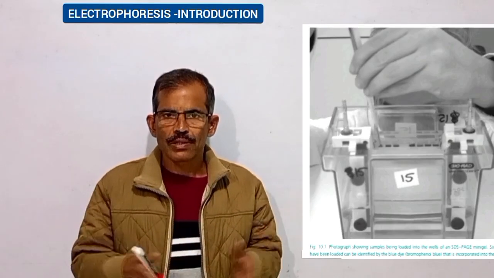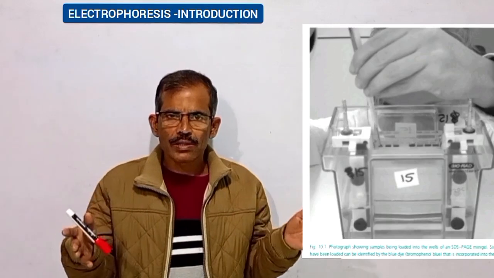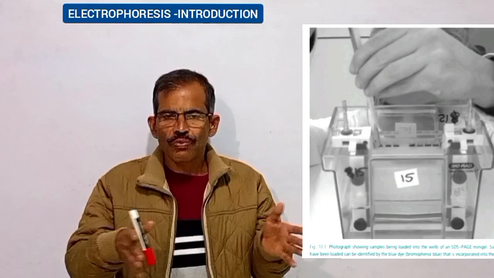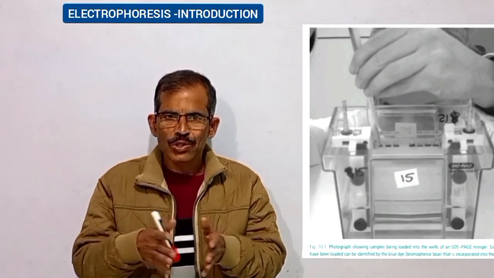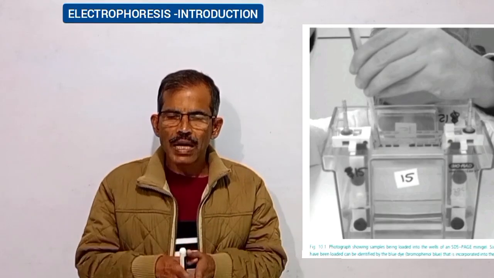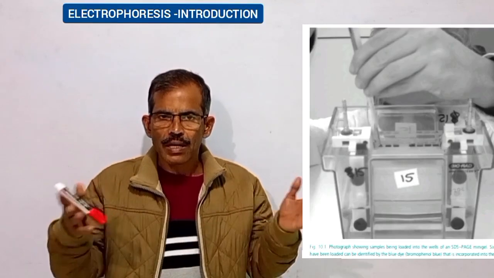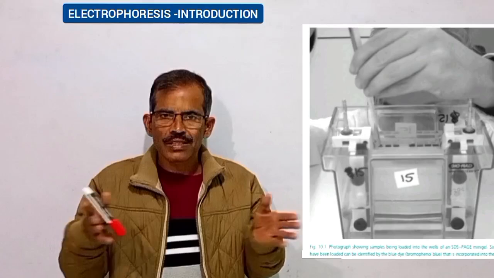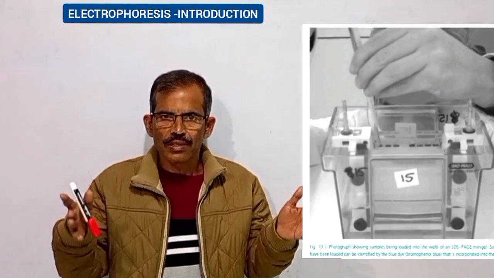The acquisition of such charges depends on the nature of the particle or the molecule and also the solvent. For example, proteins have many ionizable carboxyl and amino groups on their surface. These charge groups determine the net charge density of the protein molecules that make them move in an electric field in a direction and at a velocity dependent on the sign and the quantity of the net charge density.